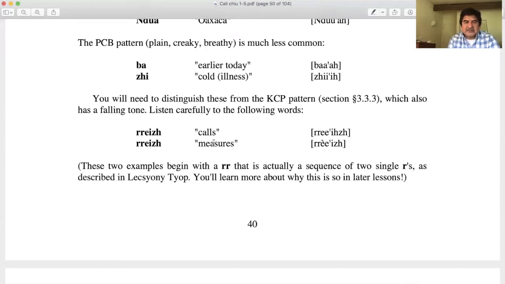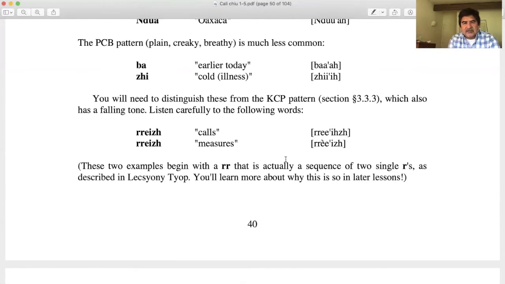So one more time, I hope that you can hear the difference between these two words. The first one, calls, is reish. And then measures, reish. So as you can see here, we have a plain E, check E, and breathy I on the vowels.